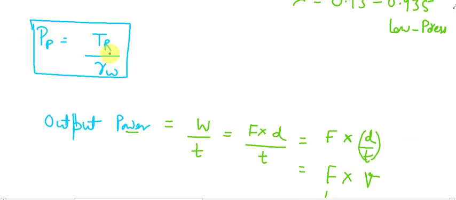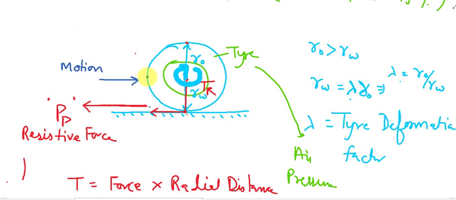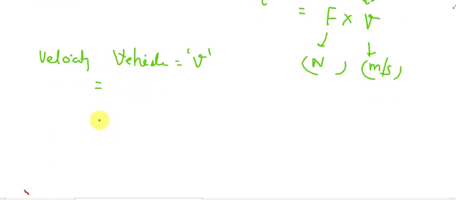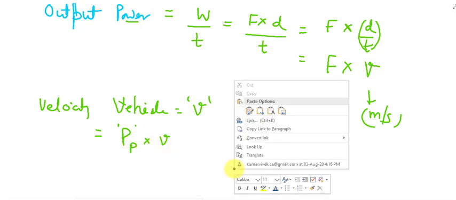In our case, the resistive force is equal to your TR, and this is a resistive force. So we use this if the velocity of vehicle is small v, means the motion of tire in forward direction with the velocity of small v. So the output power is equal to resistive force multiplied by this small v.